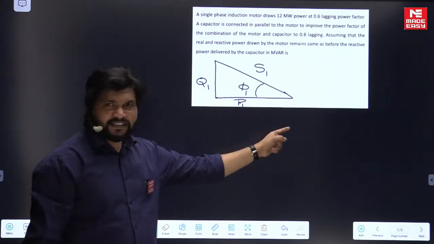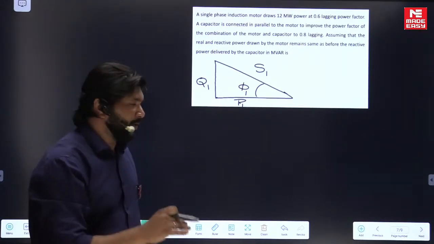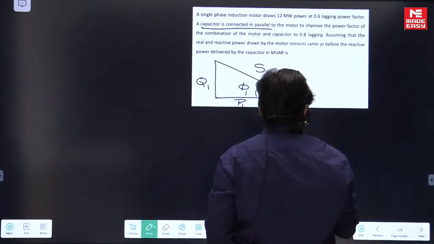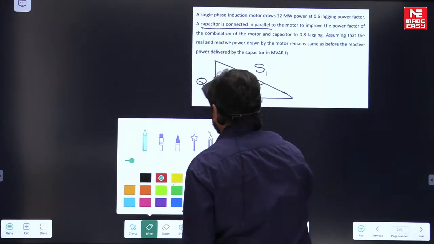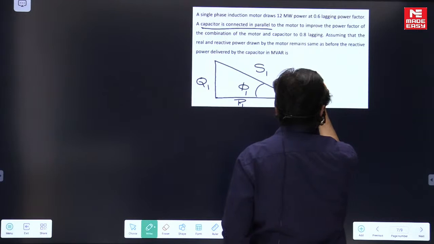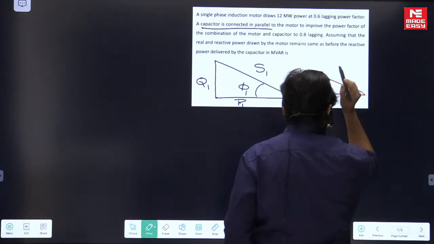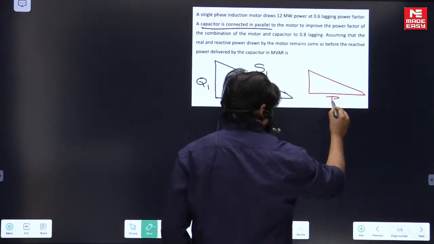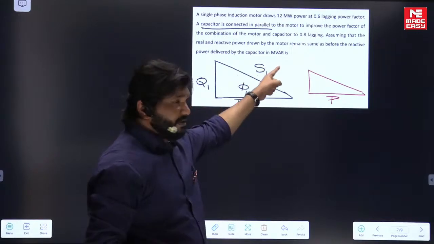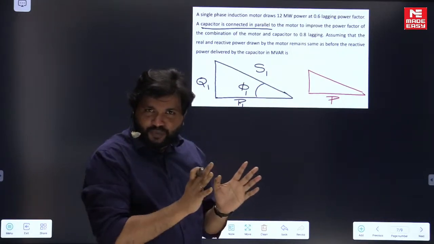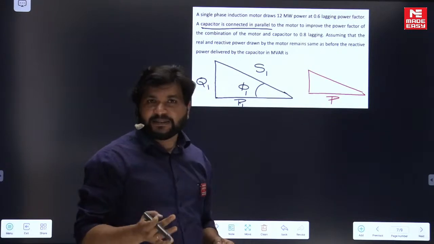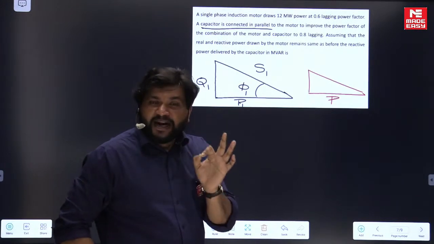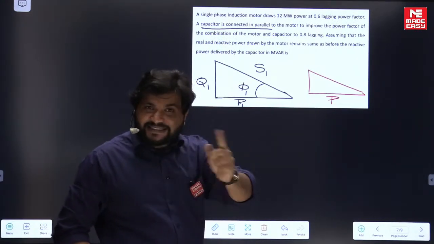When there is a capacitor installed across the induction motor, then same P, no change in P actually, because according to the context of the question, power remains the same. The induction motor working, active power remains the same, but what happened is the overall system reactive power demand has definitely been reduced because the capacitor is assisting it.